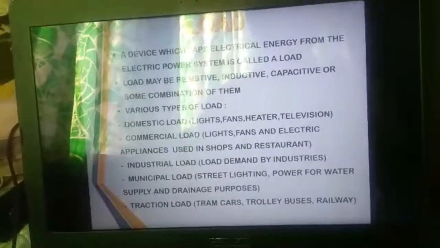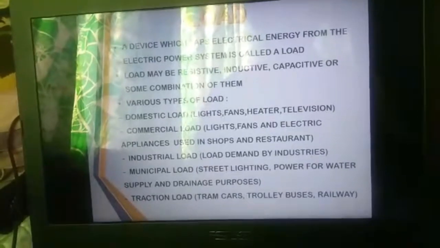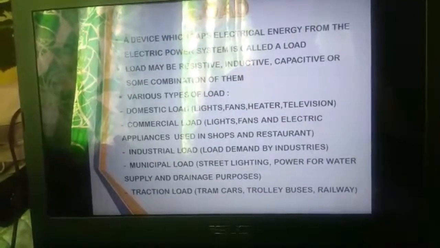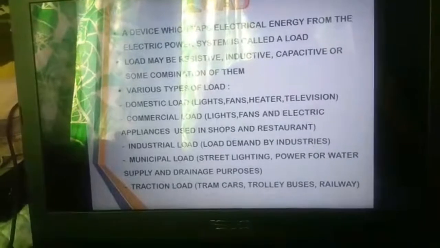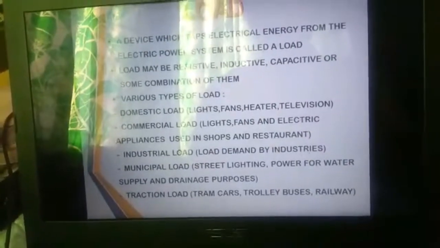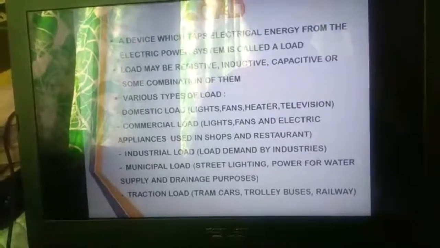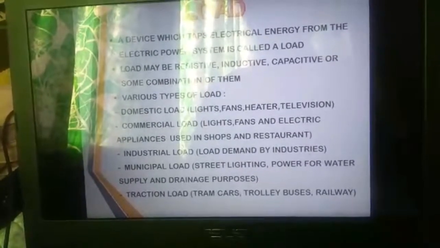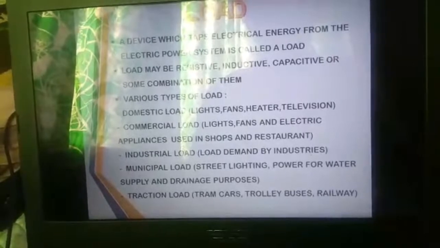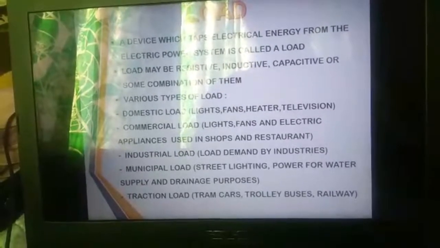There are various types of load. Domestic loads such as lights, fan, heater, and television. And the second type is the commercial load, which is lights, fans, and electric appliances used in a shop or restaurant.